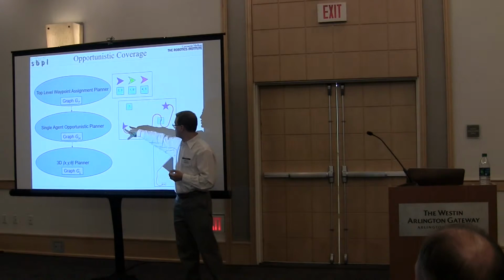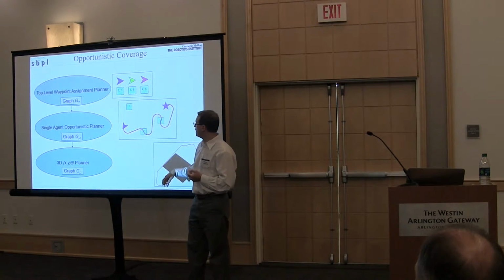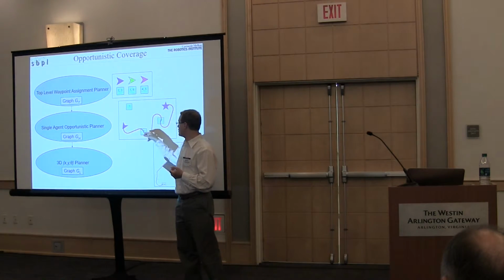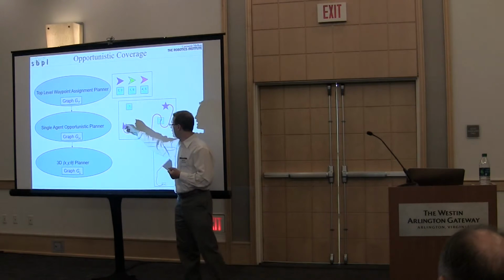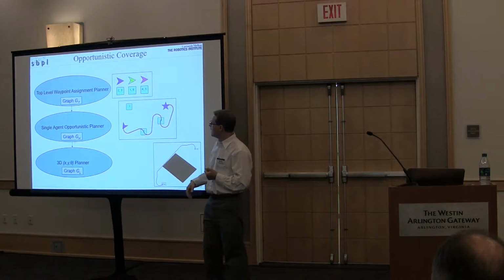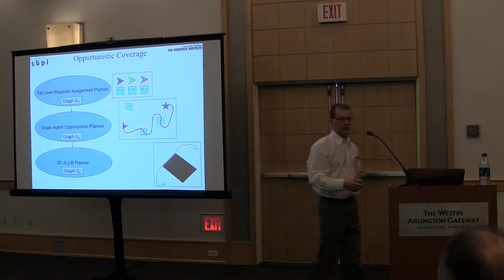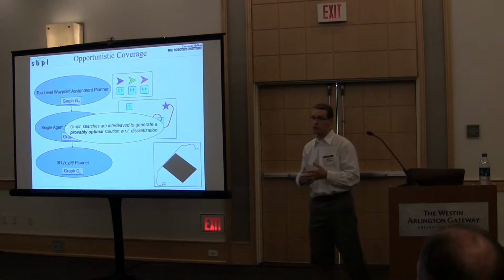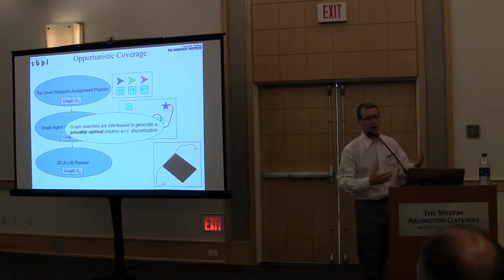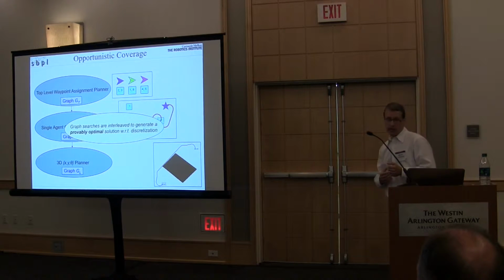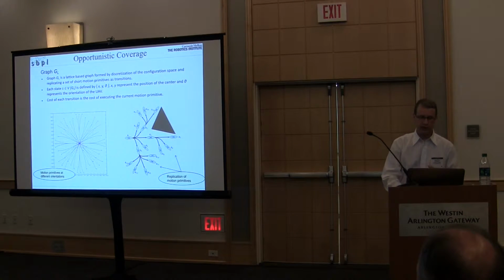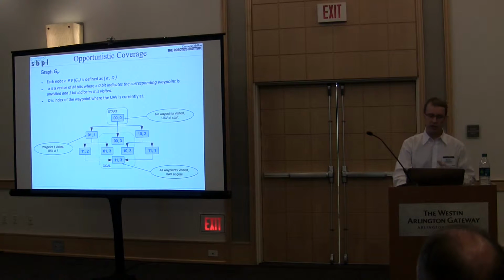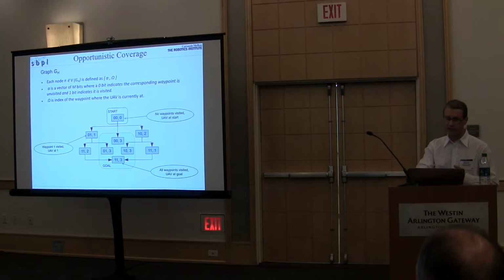So it comes out something like that. And then on the lower level, you have the motion planner running, the graph that represents the connections between the waypoints and the start position of the UAV. Then you can interleave all of those graph searches in a way that allows you to generate a truly optimal solution with respect to the discrete representation of this problem. I will skip the details of how you formulate those graphs, the costs and the graph representations themselves.